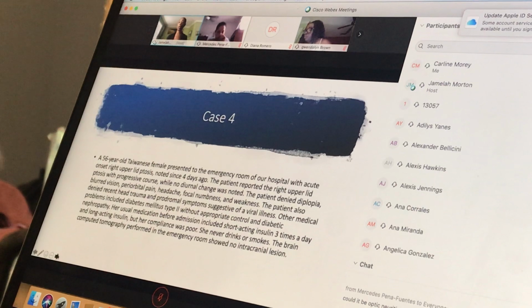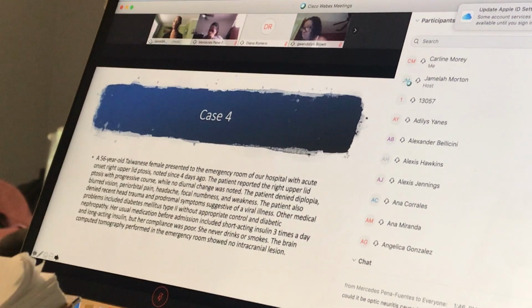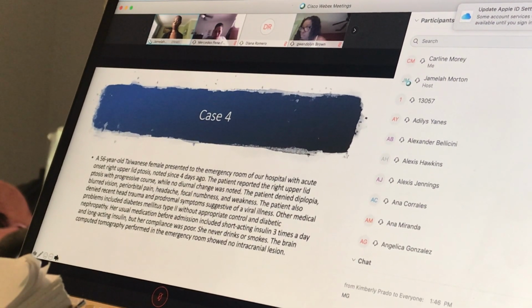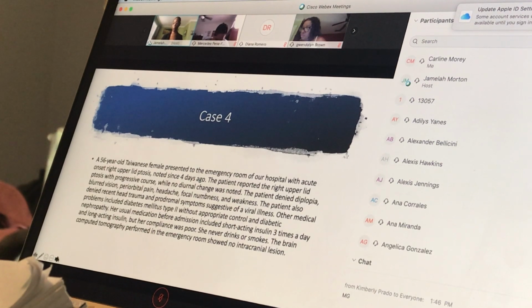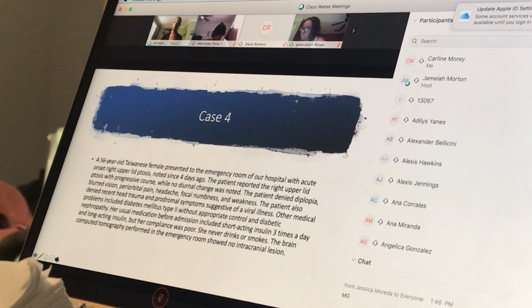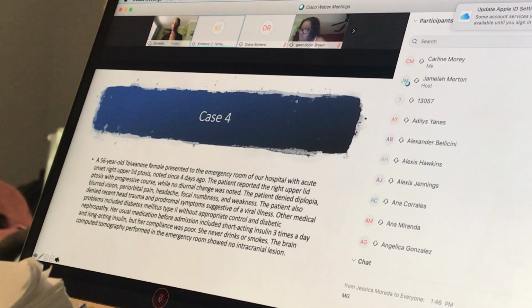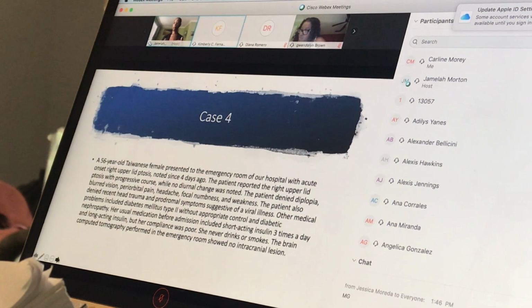Why was it important to know that there was no change throughout the day? Because it's not myasthenia gravis. Well, it probably isn't myasthenia gravis, because with myasthenia gravis, when you rest, it resolves.